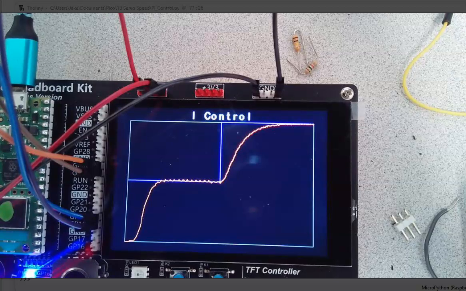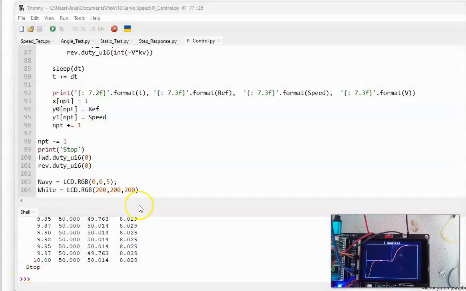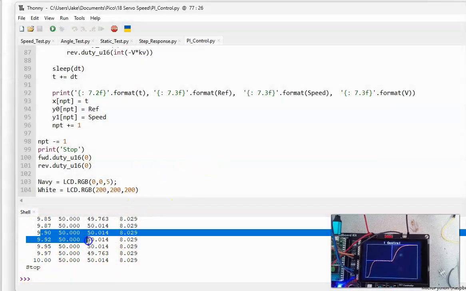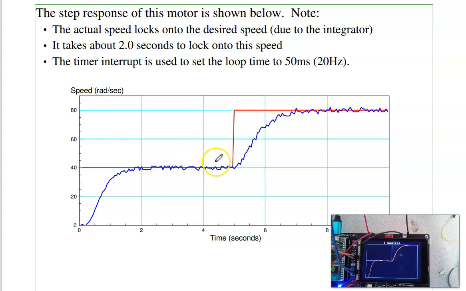I expect no overshoot, it's a real pole, and the settling time ought to be 4 over 2.5, or it's e to the minus 2.5t, the real part of the pole. If I take this data down here and plot that in MATLAB, I get this. So there's my desired speed, actual speed, desired speed, actual speed. That's the response of an integrator.